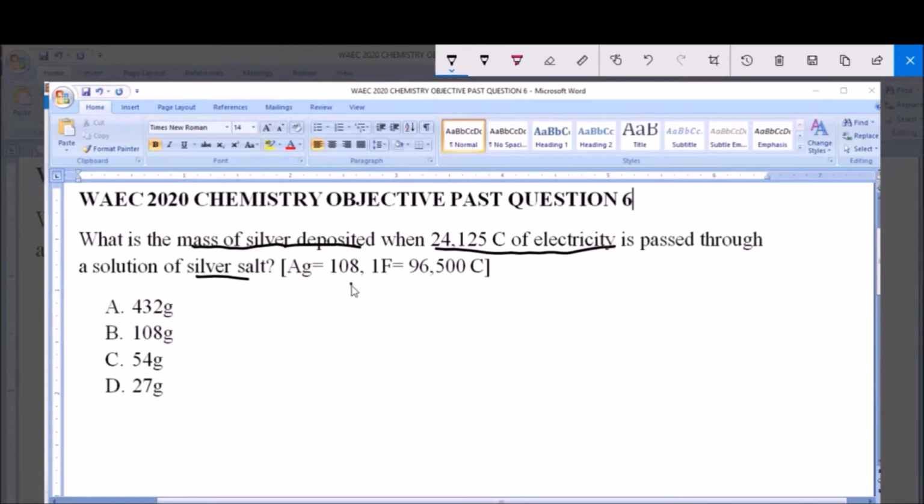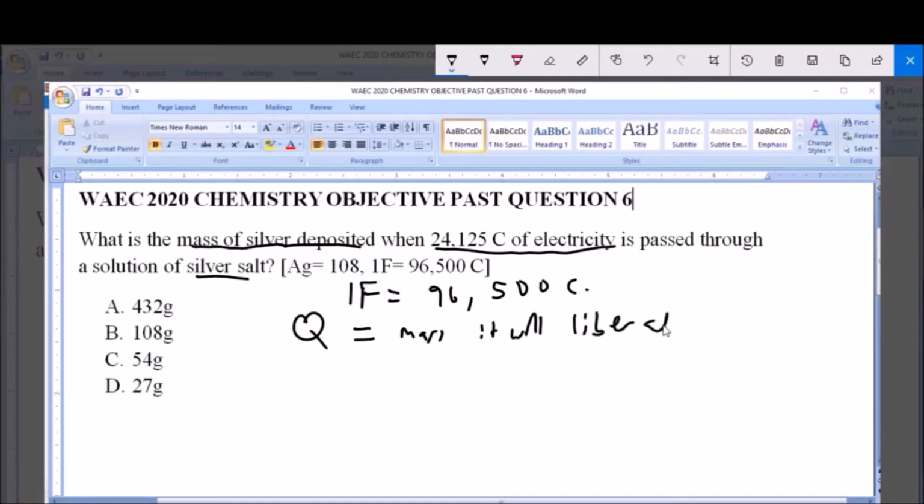So as rightly established here, 1 Faraday is equal to 96,500 coulomb, and basically when you have a certain quantity of electricity and you have the mass it will liberate, you can simply use cross multiplication, that is using another quantity to find the unknown mass.